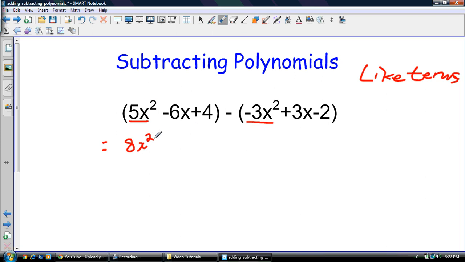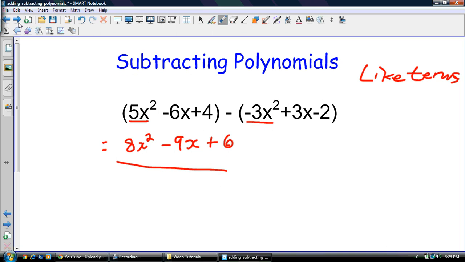Same tiles, same result. Then I've got negative 6x minus 3x, which is going to be negative 9x. Then I have 4 minus a negative 2. That's the same thing as 4 plus 2, so that's going to be a positive 6. So that's my answer. That's subtracting polynomials.